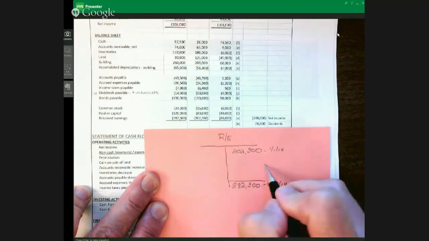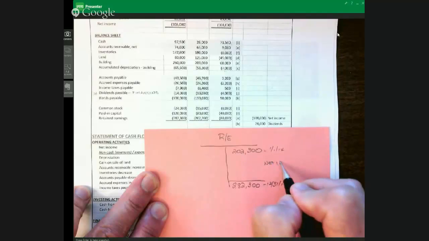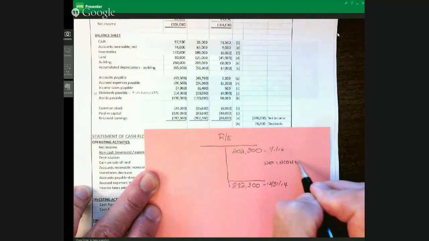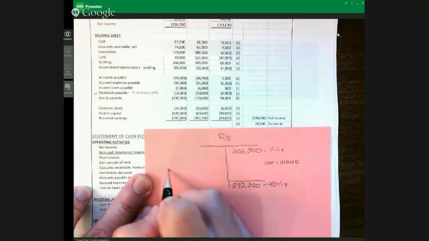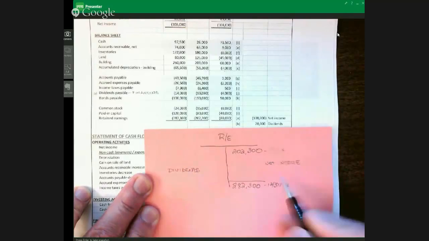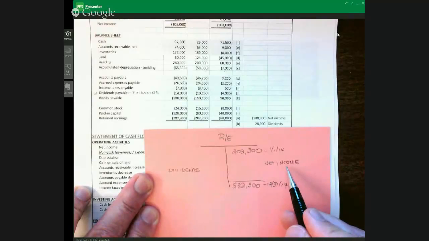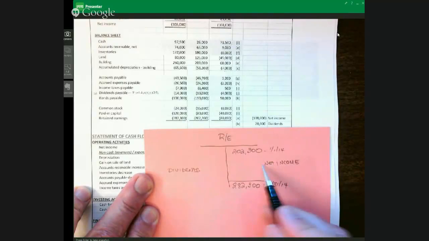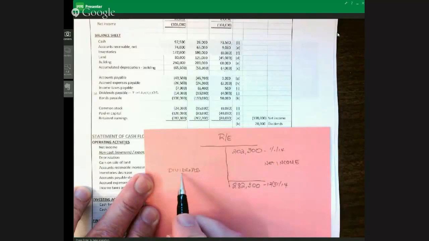We know net income would increase retained earnings, and we know dividends would decrease retained earnings. We will represent the net income on the credit side because of the increase. We will represent dividends on the debit or left side because of the decrease.